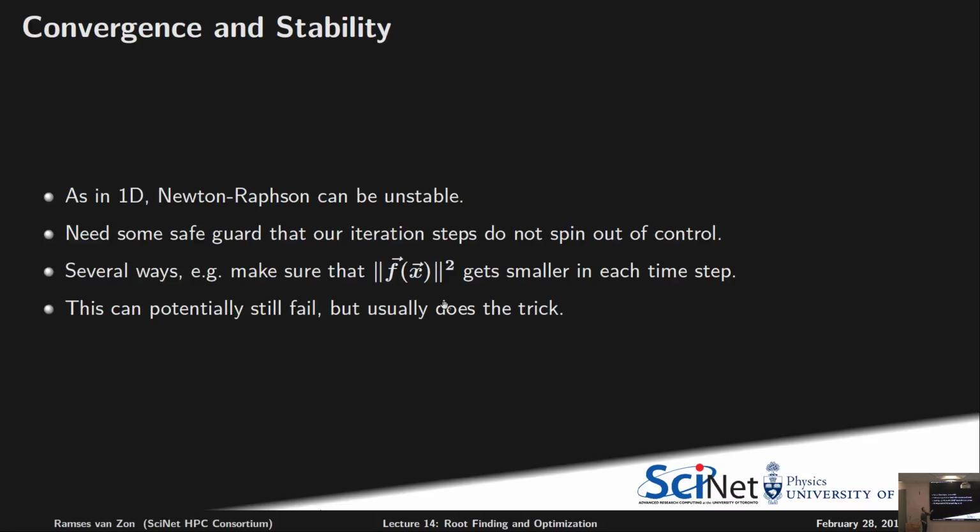Well, I won't if that makes my function bigger in absolute value, and I'll do something else, something that gets me a little closer. Maybe I don't take it all the way to the edge, and by making these sorts of extra safeguards, usually you can find your root. There's, however, no longer any guarantee.